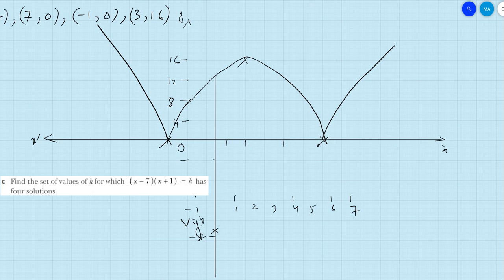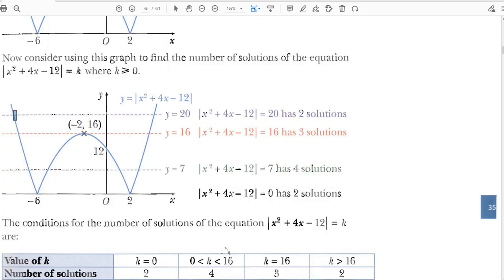Now come to our question. Find the set of values of k for which the absolute function of (x - 7)(x + 1) equals k has four solutions. So where do we have four solutions? See this, read from top to bottom. If x square plus 4x minus 12 is equal to 20, it means if we go beyond the maximum, we always have two solutions.